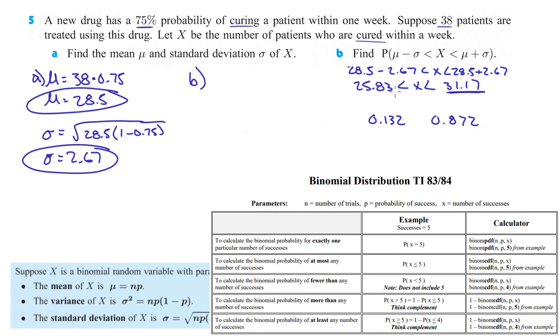And then the probability of it being less than 25.83 is 0.132, so we're going to simply subtract these two. So we'll take 0.872 minus 0.132, and we get 0.740. So there's a 74% chance that it's going to be within one standard deviation of the mean.